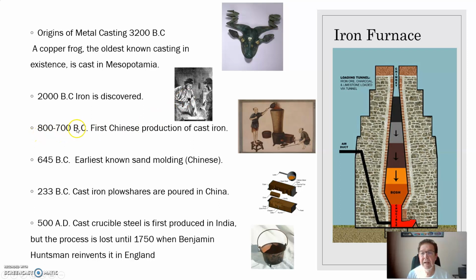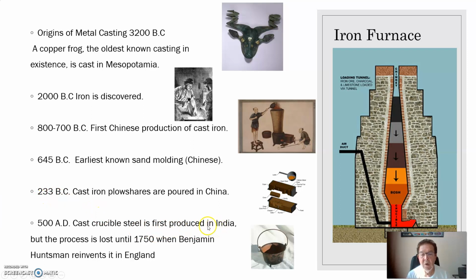Between 800 and 700 before Jesus Christ, we found the first production of iron in China. Also in China, in 645 before Jesus Christ, we found the first sand molding, and the first plowshares were poured in 233 before Jesus Christ.